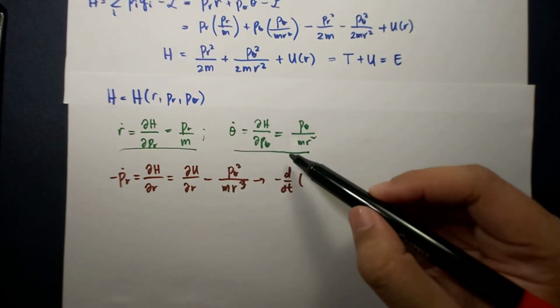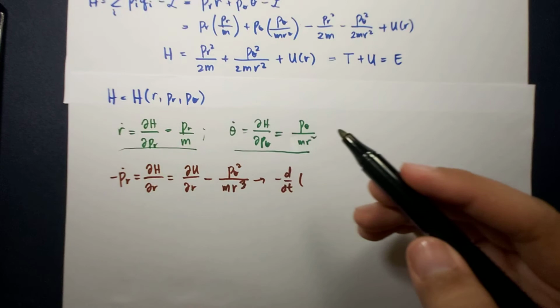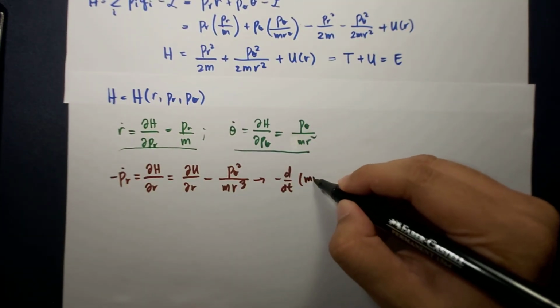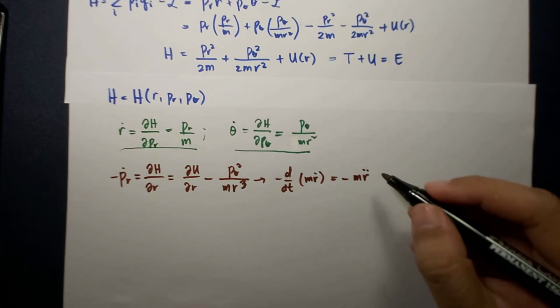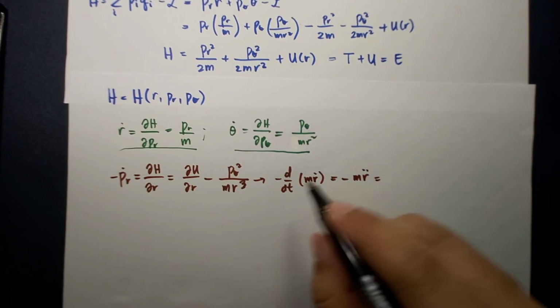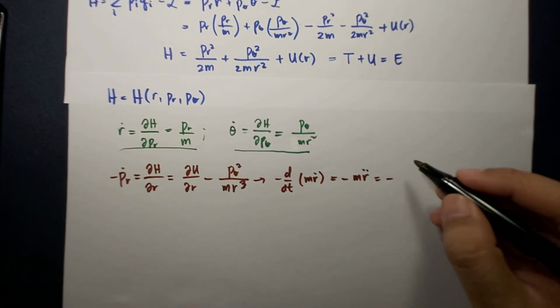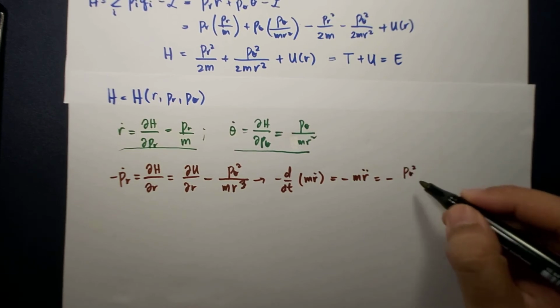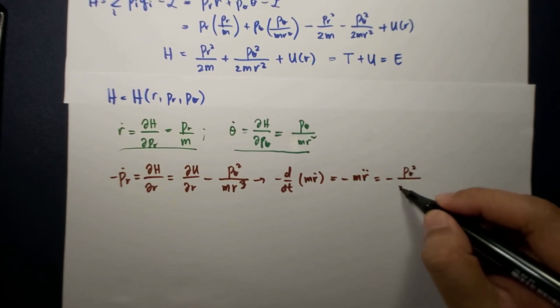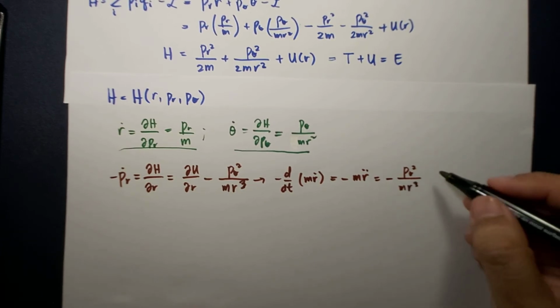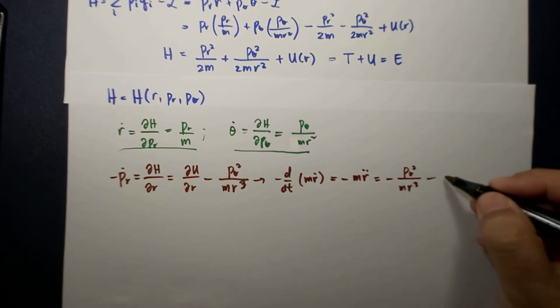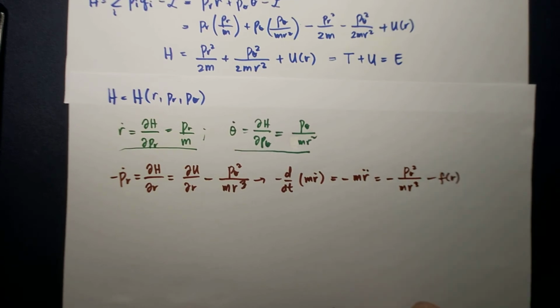PR is mr dot, which is negative mr double dot, and this is equal to negative P theta squared over m r cubed minus fr.